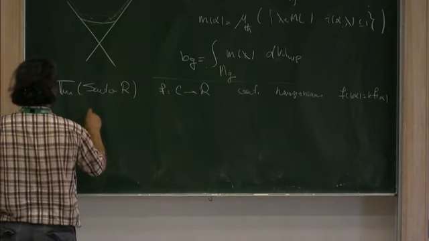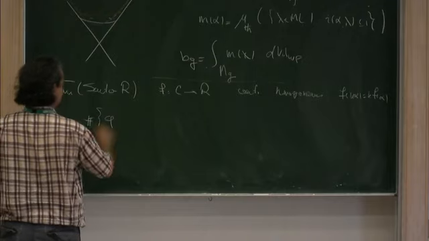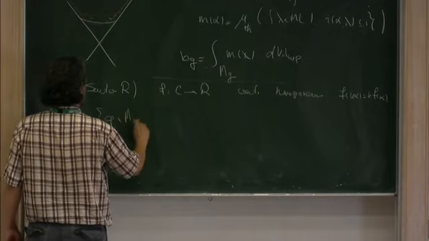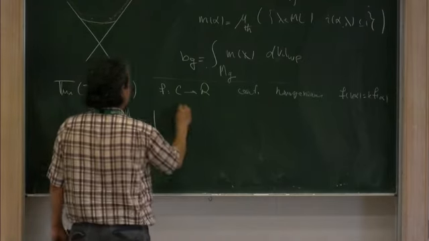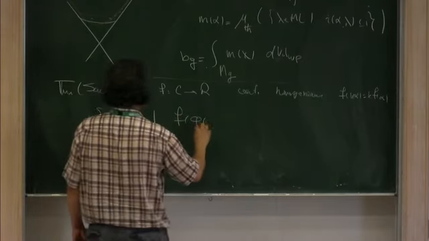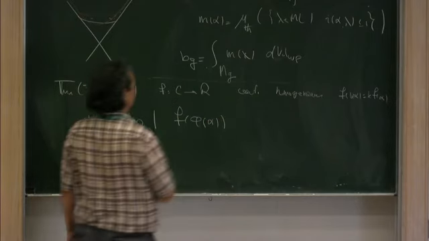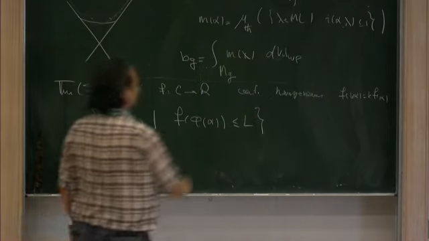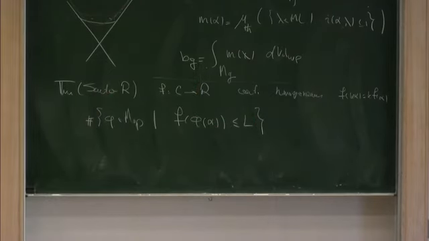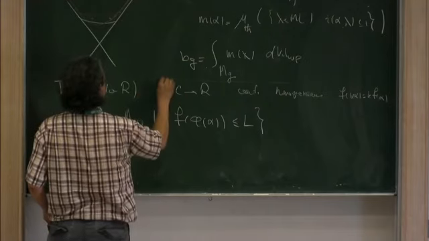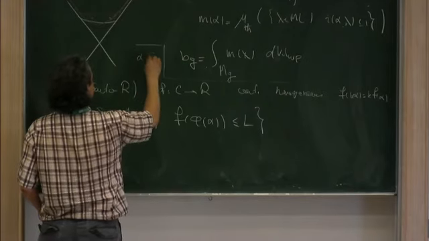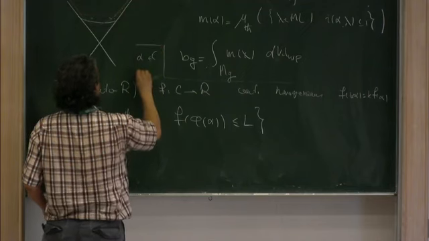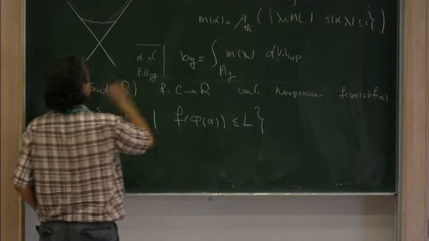So I want to count the number of mapping classes phi such that f of phi of alpha is less than or equal to some number L. I should say what alpha is. Alpha is a filling current.